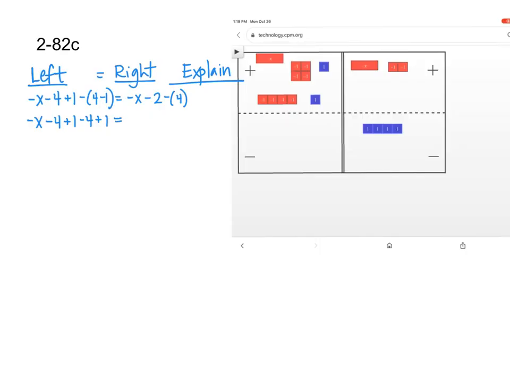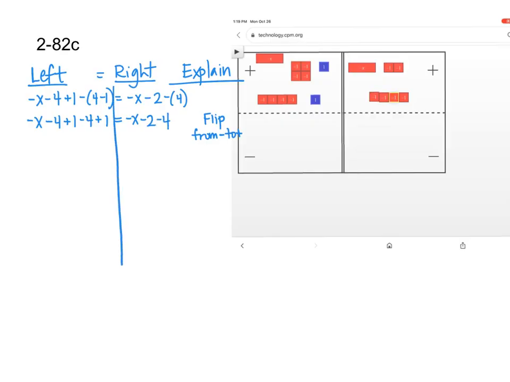Now let's flip the tiles on the right-hand side of the equation. So I'm moving them from the negative region to the positive region and flipping the sign on the tile. Now I have negative x minus 2 minus 4.